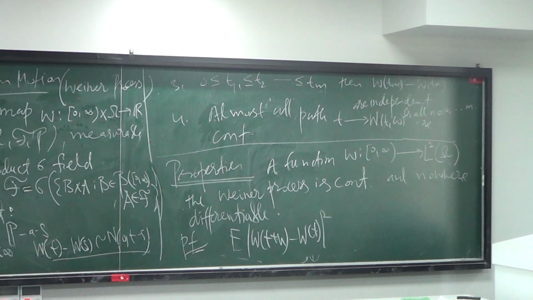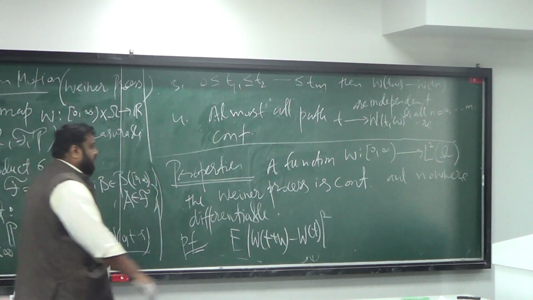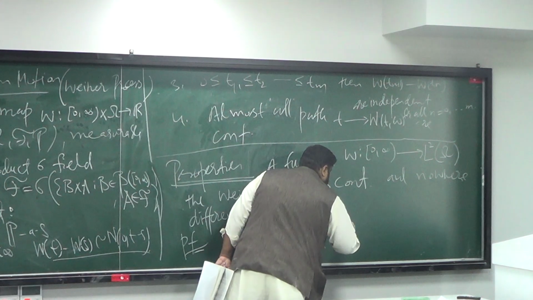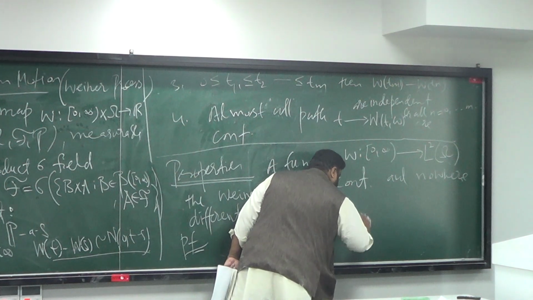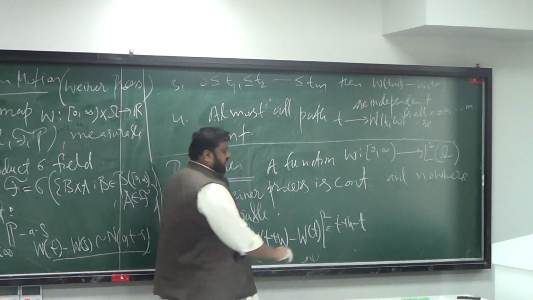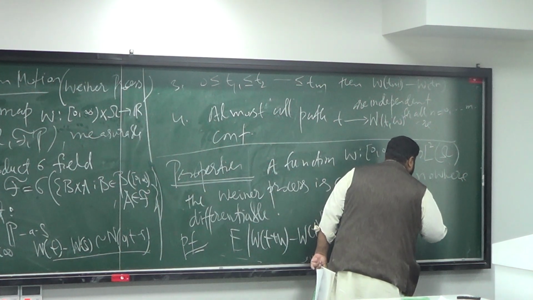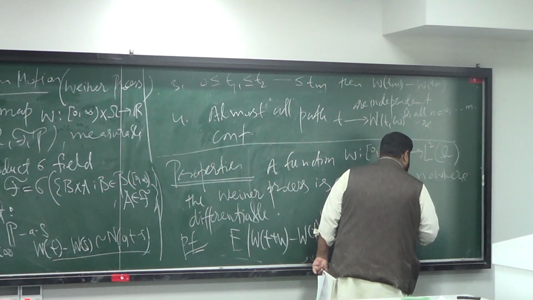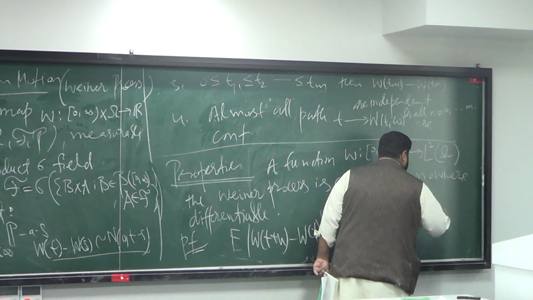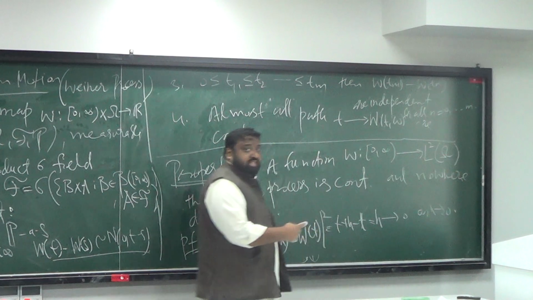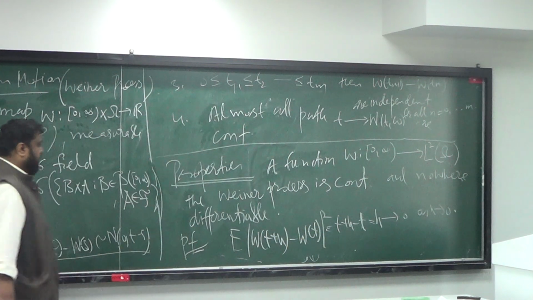Come on, go for the definition. It tells you that W_t minus W_s has variance t minus s. So this must be (t+h) minus t, which would be h. And hence this is h, which goes to 0 as h goes to 0. Right? So it's continuous in the L2(Ω) sense.